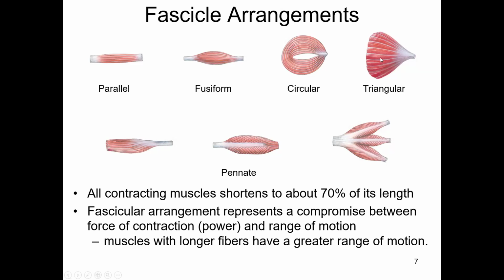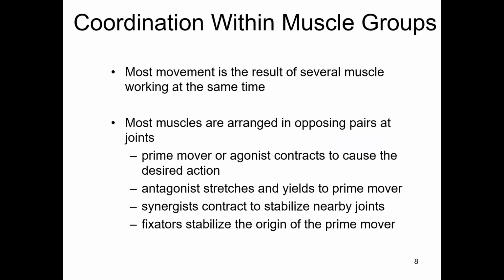Many, many muscle cells create huge force to move the humerus, and we'll cover this in the second lab of the skeletal muscles. So these are all about optimizing the force or the range produced by skeletal muscles.